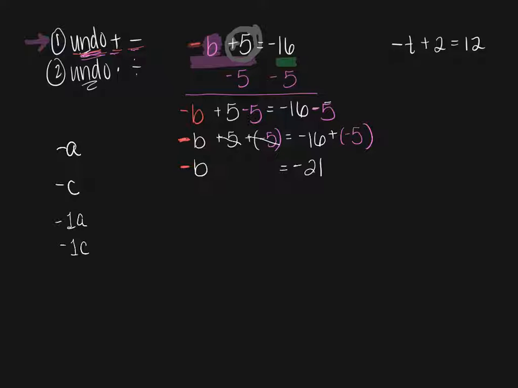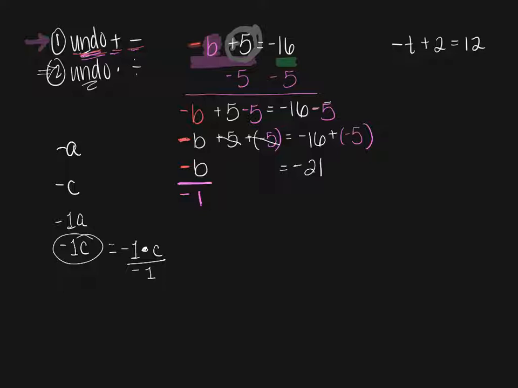So if I just divide by negative 1, and I'm dividing because negative 1C is the same as negative 1 times C. Let's try this again. This is the same as negative 1 times C, and I undo multiplication using division, so I'm going to divide.